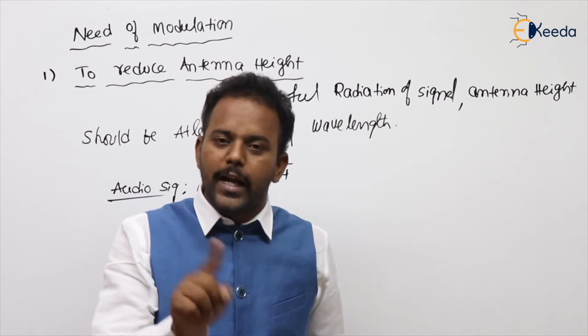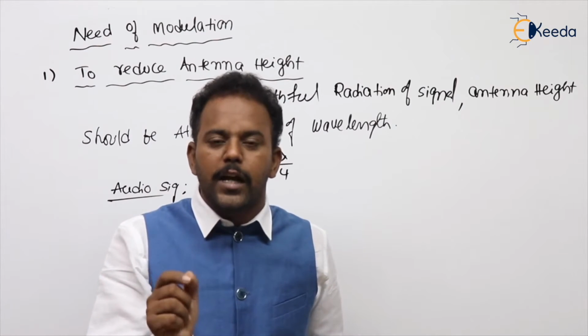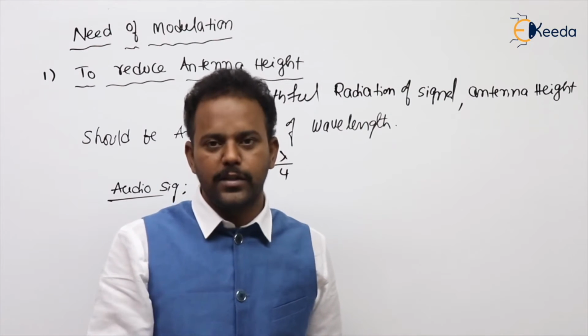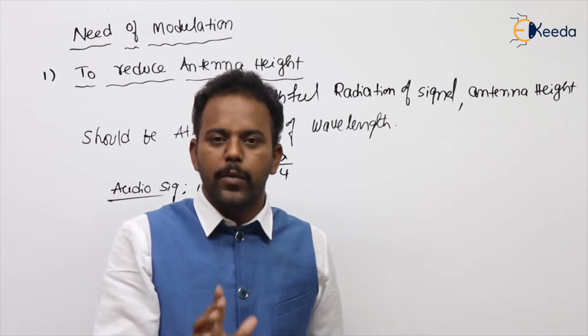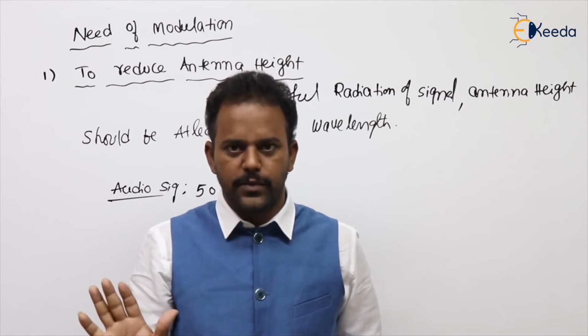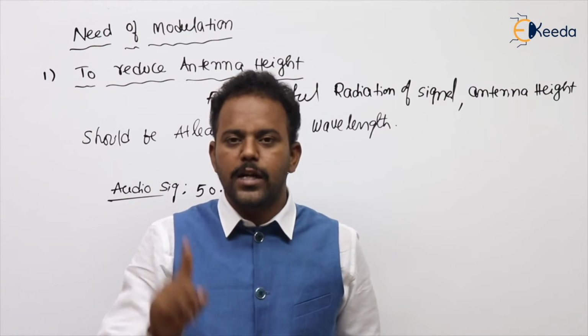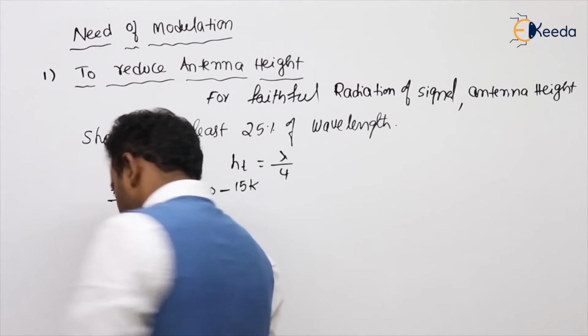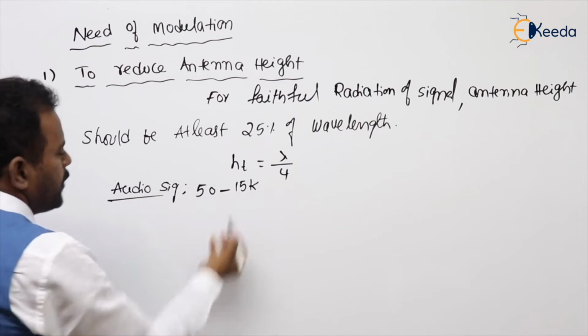If you compare AM and FM, where is the clarity more in the song? Definitely in FM. You can feel that difference. You can listen to the song on AM radio and on FM radio, and definitely you will feel the difference. In AM, the maximum frequency considered is 5 kilo, FM 15 kilo. So I have taken 50 to 15 kilo.